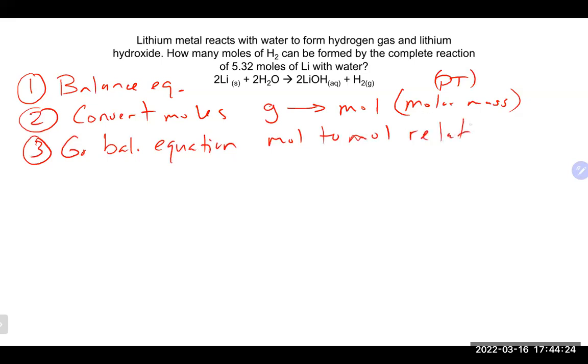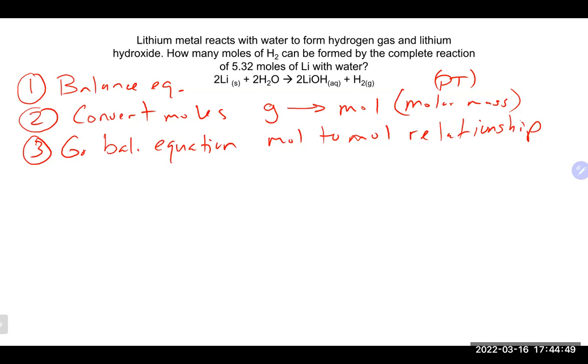What you're trying to find is two basic things. One is whatever they gave you: whatever reactant or product they gave you, you should locate that in the equation. The other thing is what you want to find. Those are the two things you should be looking for. Remember, that will give you some type of mole-to-mole relationship.